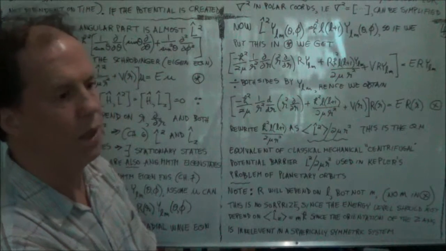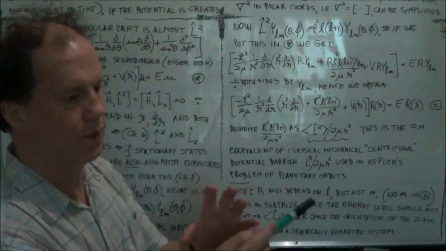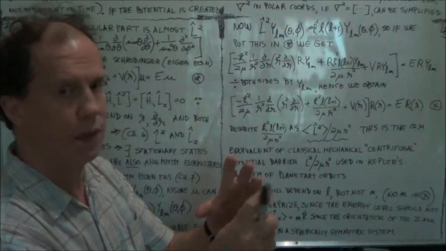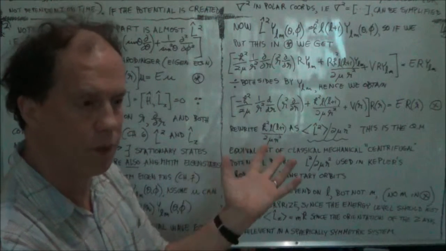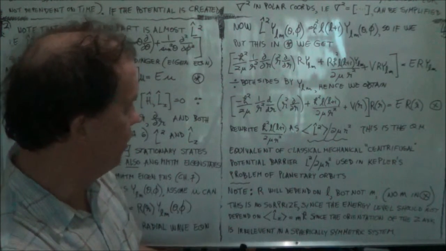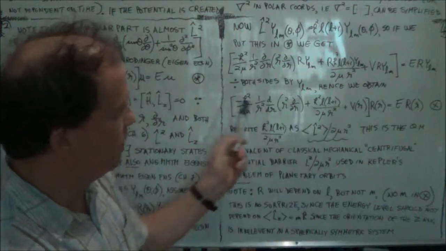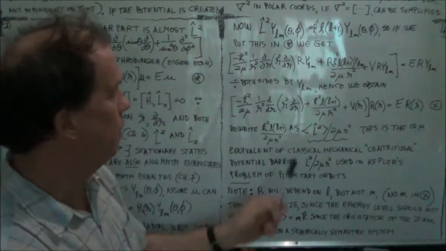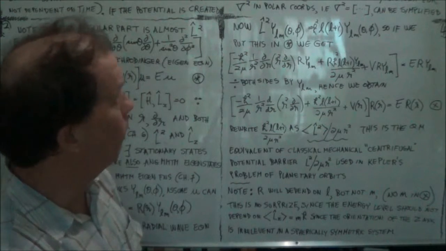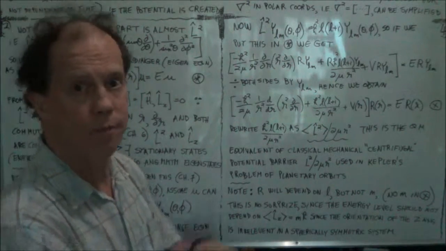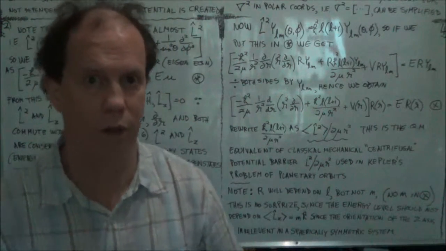What does it mean to talk about the z-axis in a spherically symmetric system? It's sort of pointless. So it's not surprising this equation here is independent of m. It'll depend only on r and L. Okay, so I'll stop there, and no more drilling, hopefully.